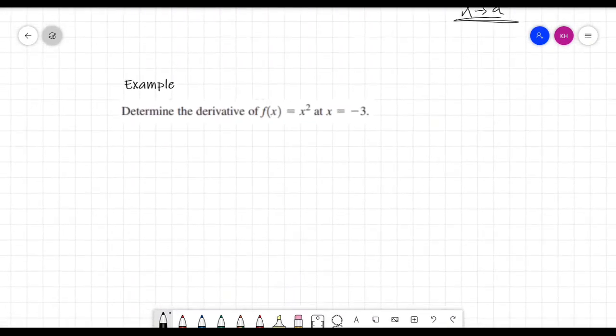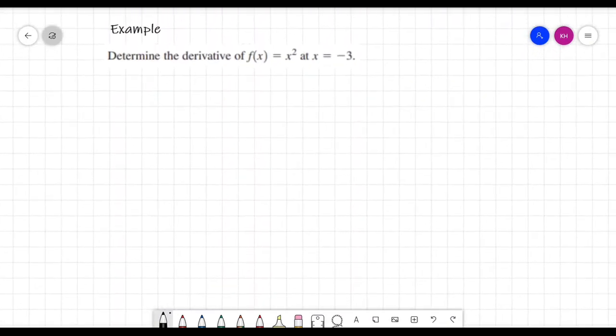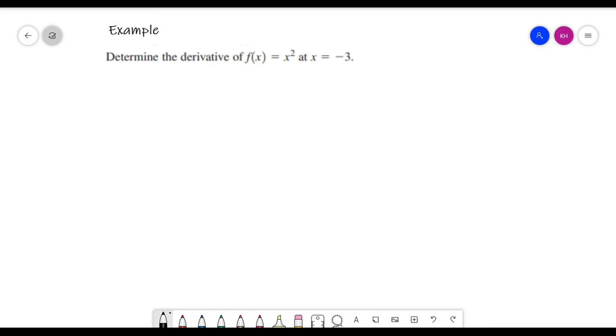They asked us to find the derivative of the function f of x, which is x squared, at x equals -3. This basically means that they asked us to find the slope of the tangent at x equals -3.